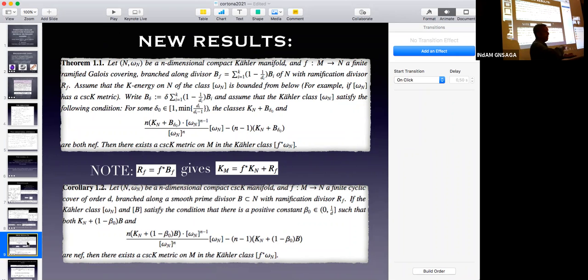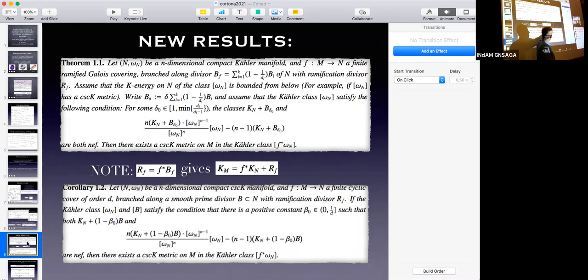So as a set, everything is clear. R and B are whatever. Now, there's a difference in what kind of coefficients you put in these divisors. Typically, in all this story, people like this notation: you put this 1 minus 1 over d_i in front of every component of the branch locus in such a way that this becomes true. It's just for having the Hurwitz formula.